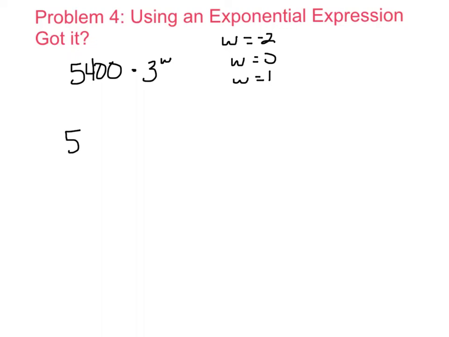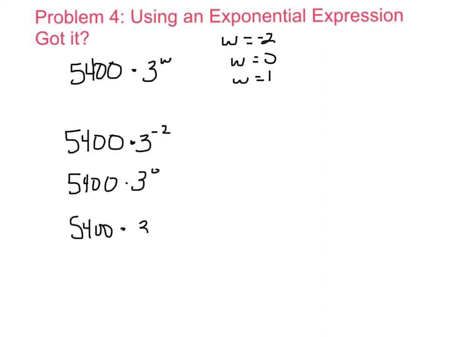So we're going to plug in 5,400 times 3 to the negative 2, 5,400 times 3 to the 0, and 5,400 times 3 to the 1. Well, 5,400 times 3 to the negative 2 is actually going to become 5,400 divided by 3 squared, because remember this right here becomes 1 over 3 squared.